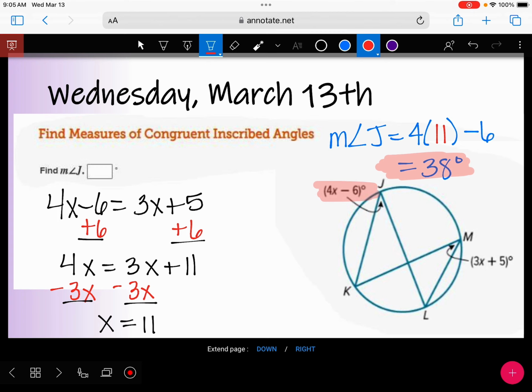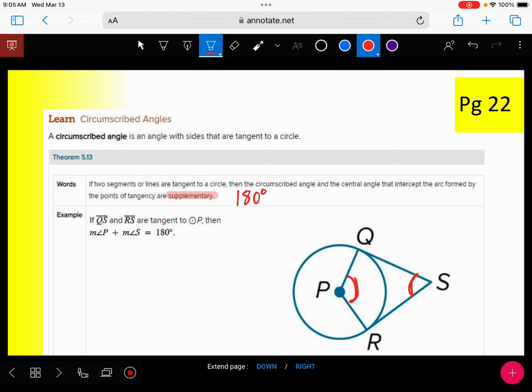All right, so let's go ahead and finish out our notes in your yellow packet. Go to page 22. We talked about this on Monday.